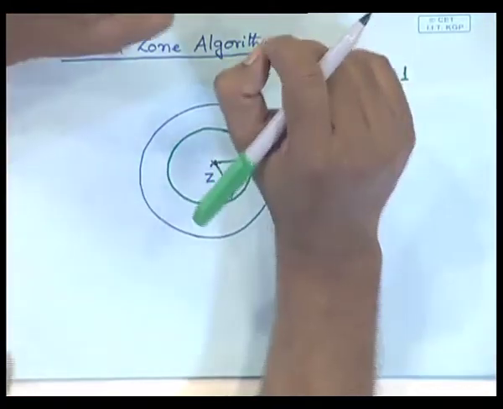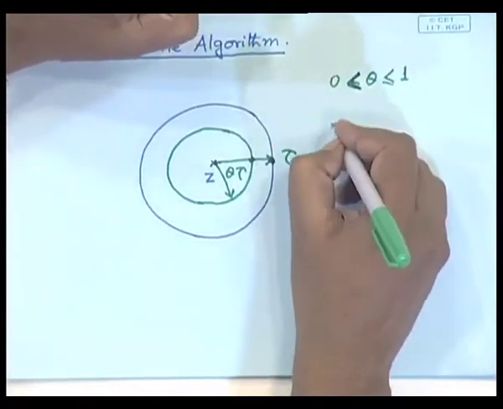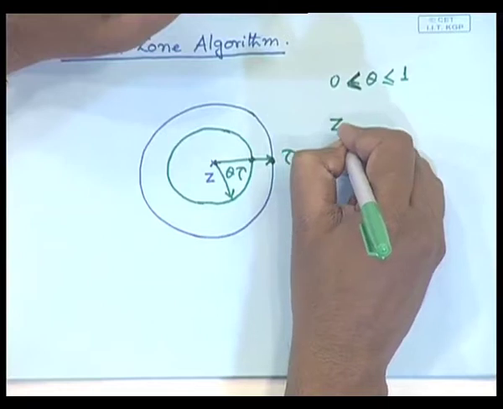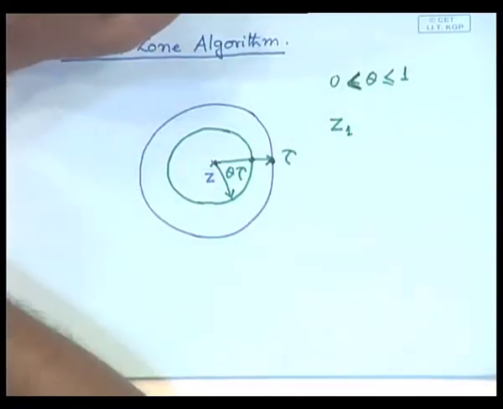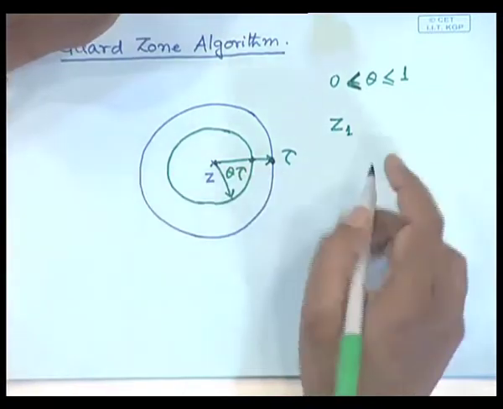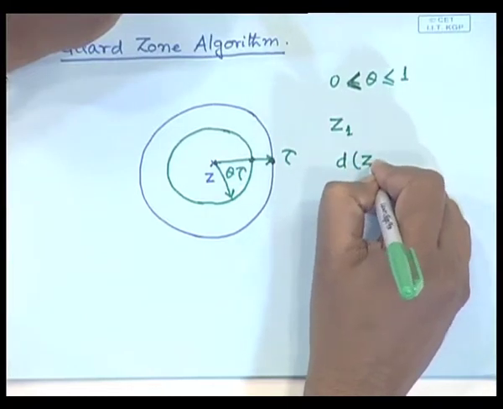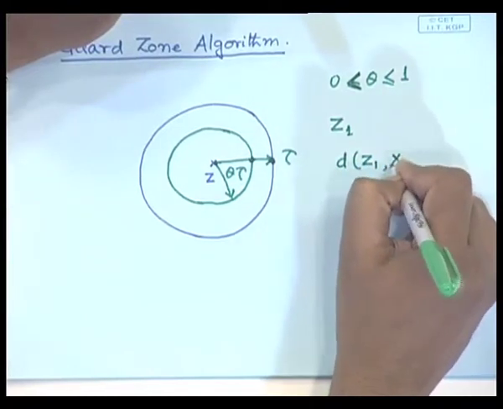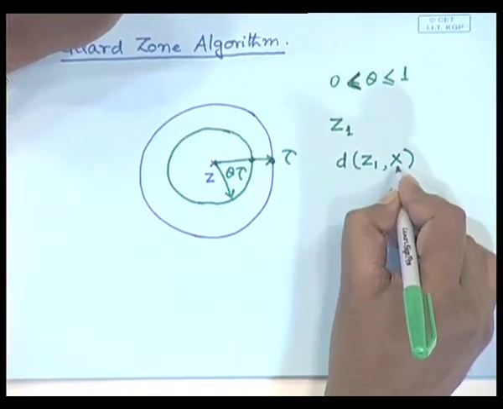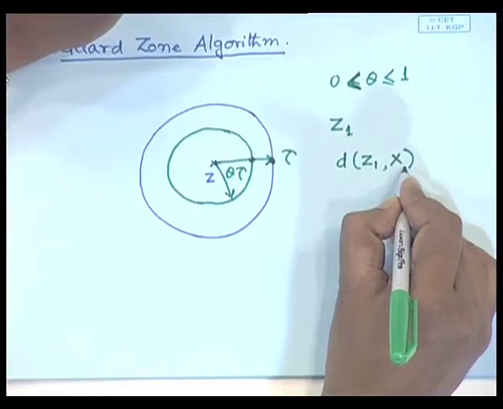So, the algorithm is like this. You take the first feature vector, consider that as your first cluster center Z1. Take the next feature vector x, and find out the distance between Z1 and x.